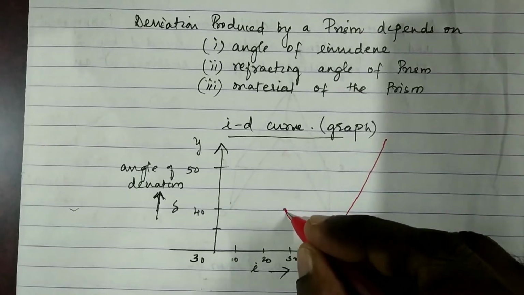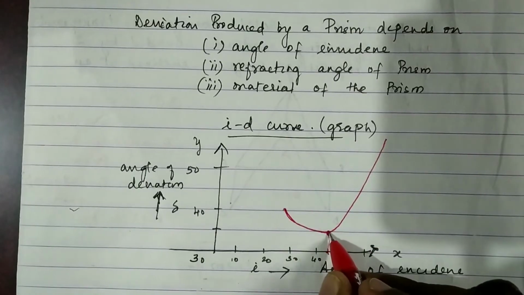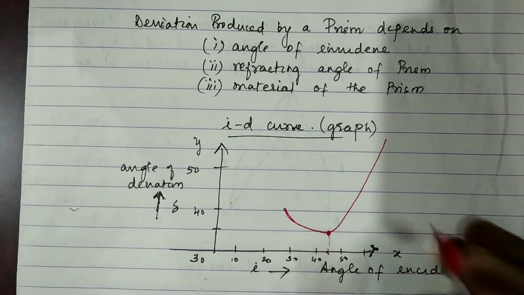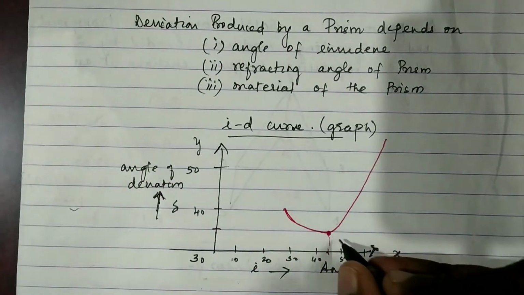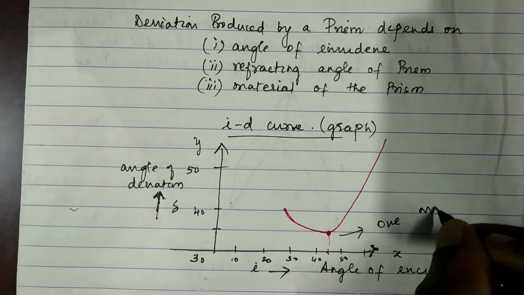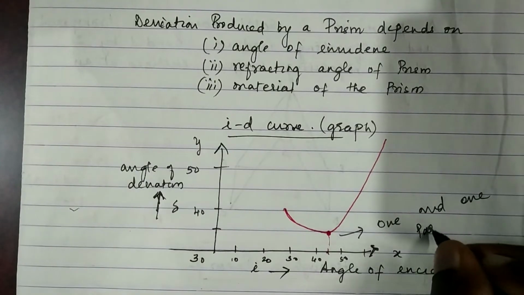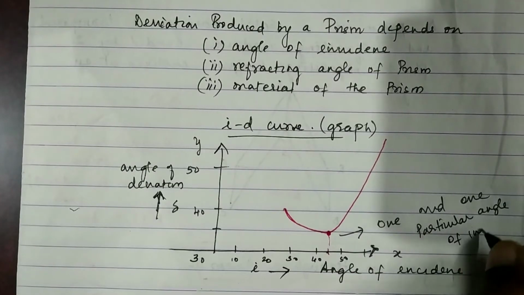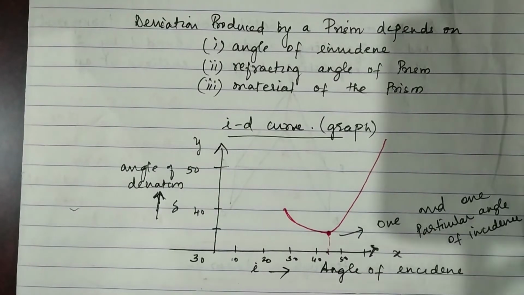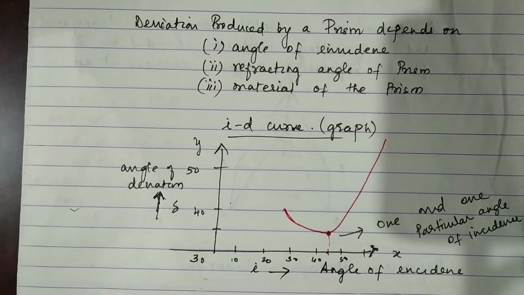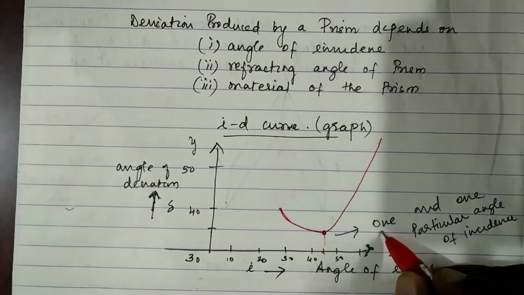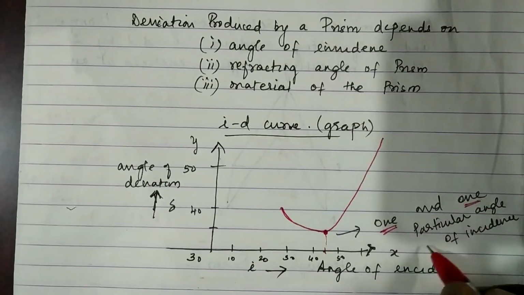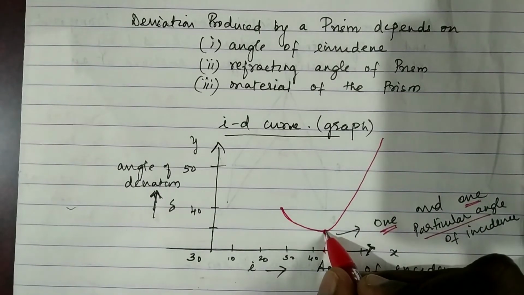So for one and only one particular angle of incidence, we will get the minimum deviation. That is, the prism produces minimum deviation for one and only one particular angle of incidence.